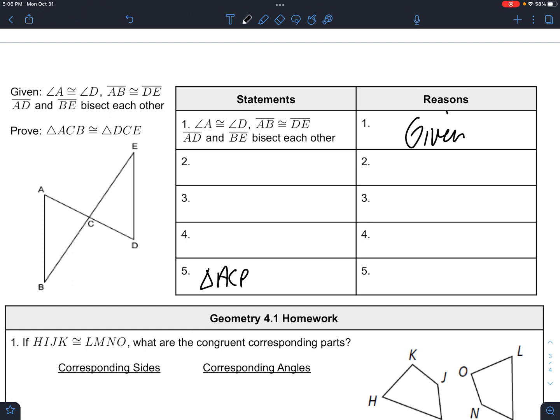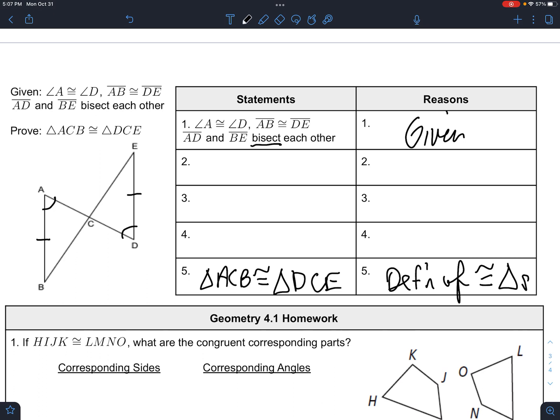So we got given, and we got what we're trying to show, which is that triangles are congruent. So we know we're going to be using the definition of congruent triangles, which means we're looking for 3 of each, right? So these match here. These match. And then we have 2 bisects happening, okay?